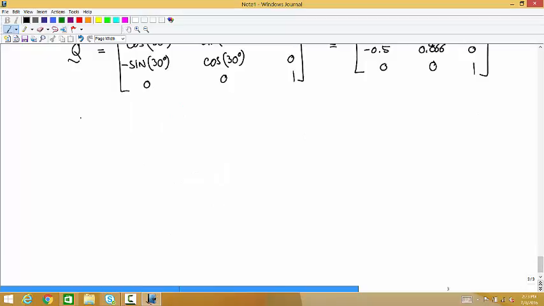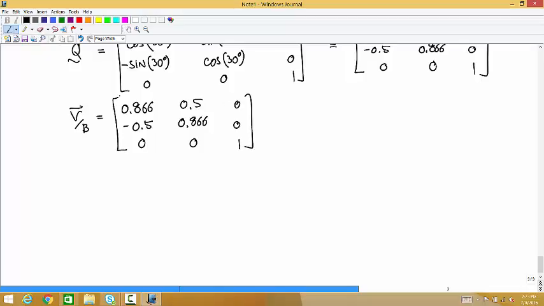And so now the vector expressed in that new coordinate system is equal to that matrix we just got, 0.866, negative 0.5, 0, positive 0.5, positive 0.866, 0, 0, 0, 1, times our original vector in the original coordinate system. So that was 0.866, 0.5, 0.